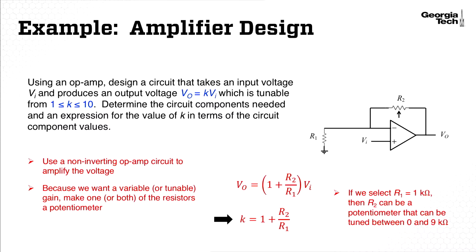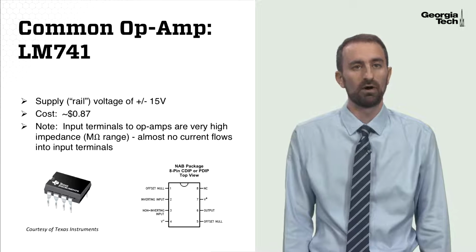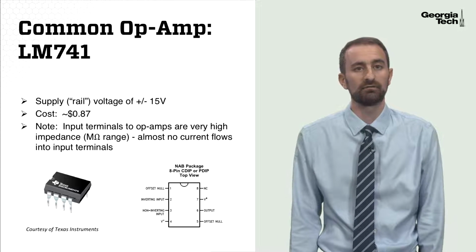Now we can finally solve for what R2 has to be. If R1 is 1,000 ohms, then we can select a potentiometer that can be tuned between 0 and 9 kilo ohms, and that will produce a gain K that varies between 1 and 10.